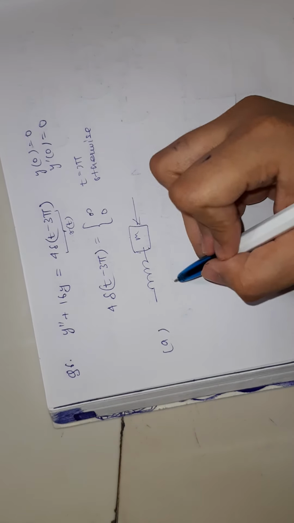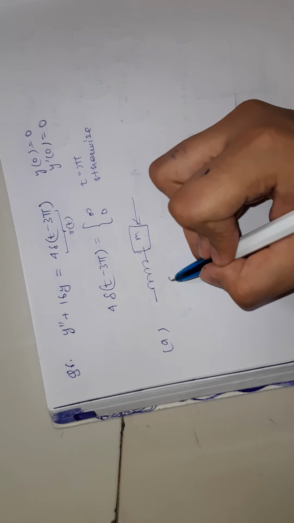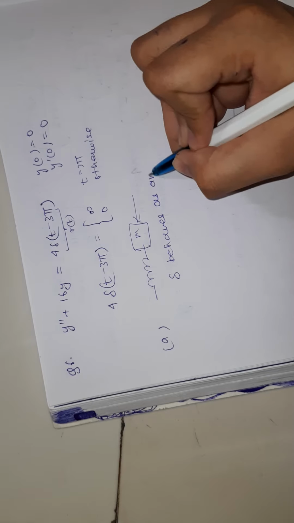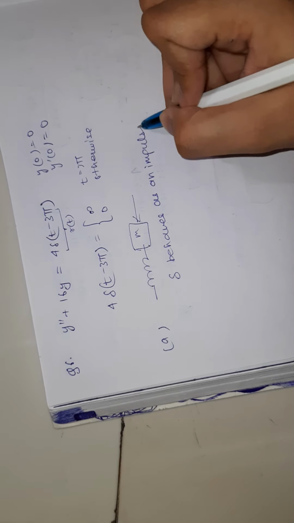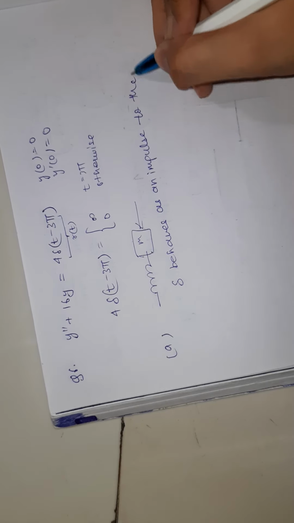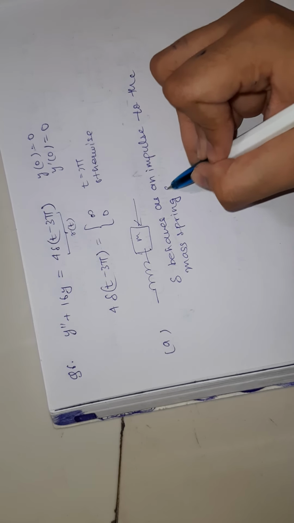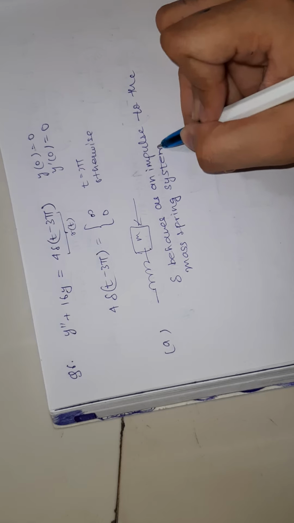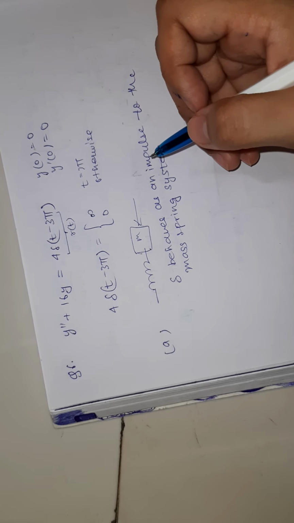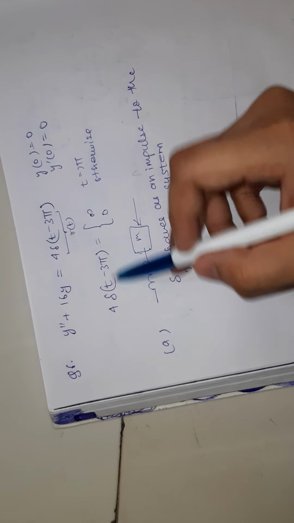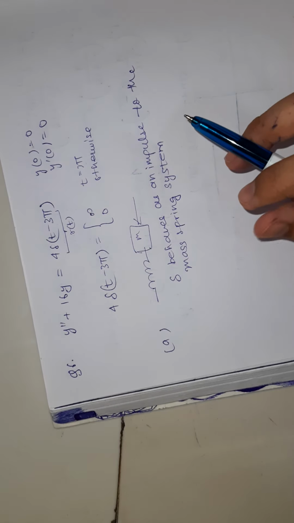So delta behaves as an impulse to the mass spring system, applied at the time t is equal to 3 pi by the definition of this delta function.